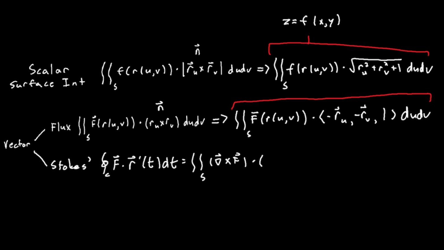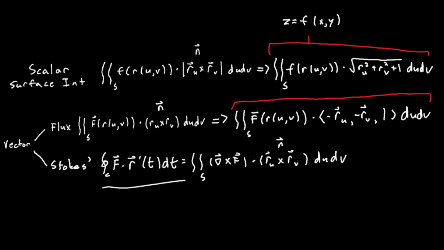When you do a curl you get a vector back, and when you do a cross product you get a vector back. So you're dotting your parameterized cross product partials, so this is a normal vector, du dv. This is Stokes' theorem right here.